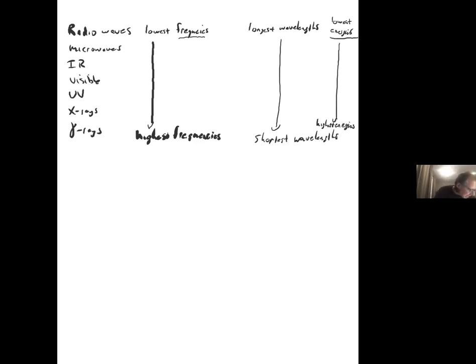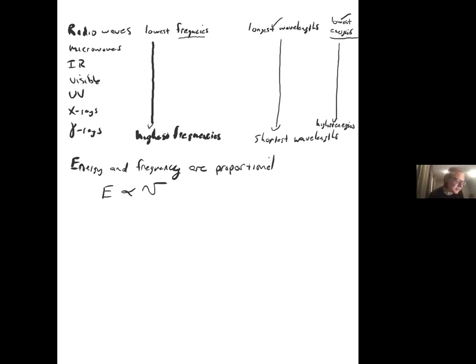So that means that energy and frequency are proportional to each other. So energy is proportional to frequency. But if you look at wavelength, it goes the other way, right? Lowest energy is longest wavelength.